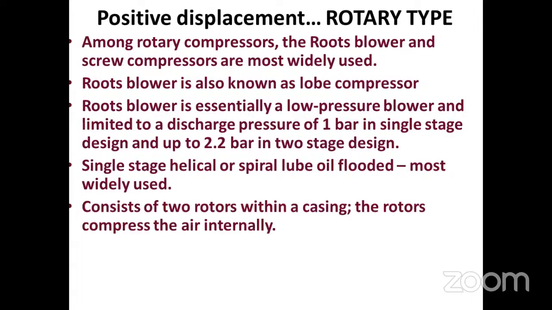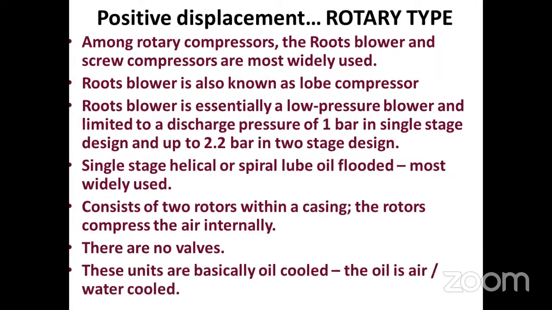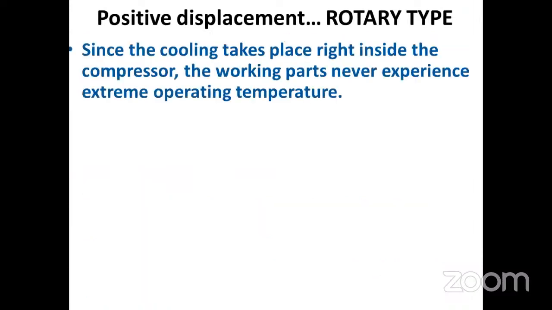It is oil flooded. There are no valves, unlike the reciprocating compressor. It can be air or water cooled. Since the cooling takes place right inside the compressor, the working parts never experience extreme operating temperatures.